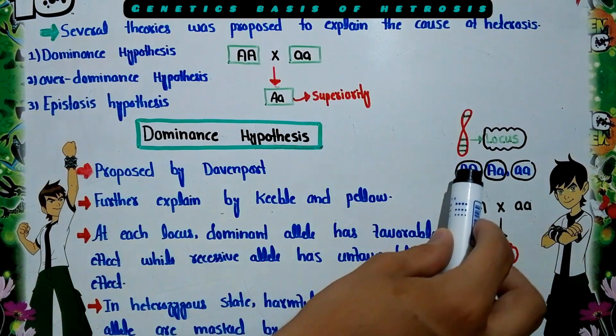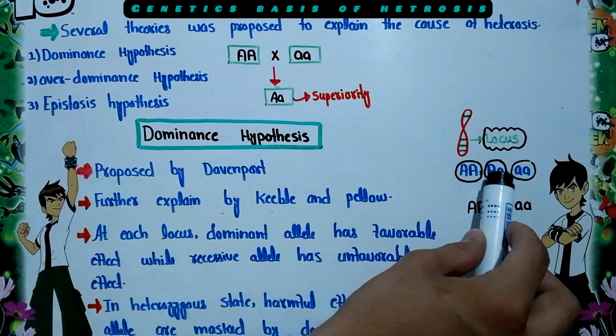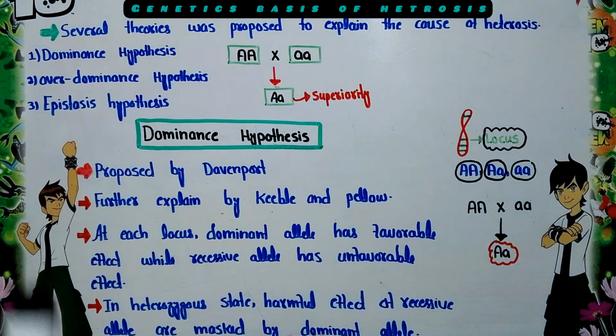So it may have the combination capital A capital A, capital A small a, or simply small a small a. These are the different combinations of the alleles.